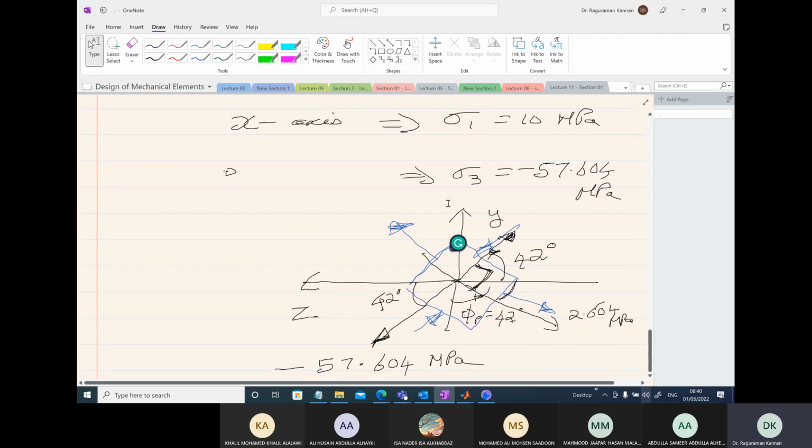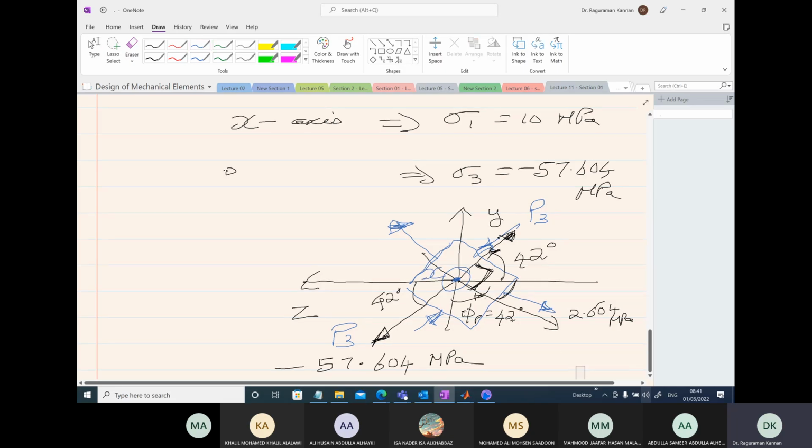Where is the maximum shear stress direction? Taking this particular plane, let's call this axis P3. Remember that your X axis is coming out of the board here.